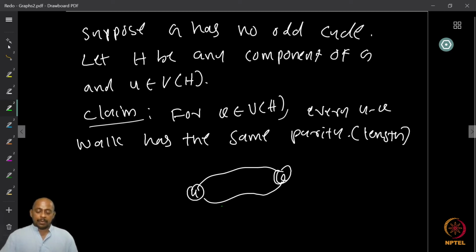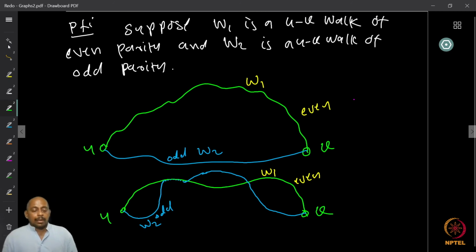Now, why is that? Suppose you have two UV walks with different parities. So from U to V there is an odd walk, and from U to V there is, suppose, an even walk. Let us say that W1 is a UV walk of even parity and W2 is a UV walk of odd parity.